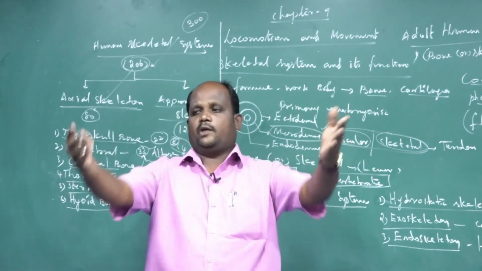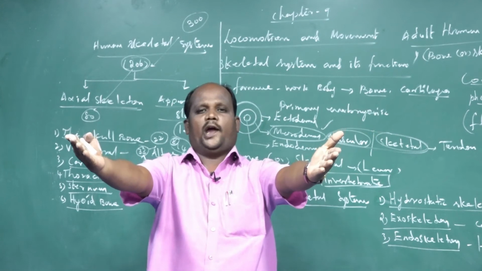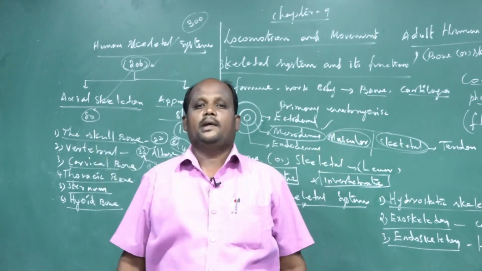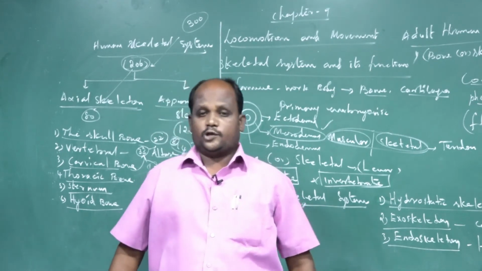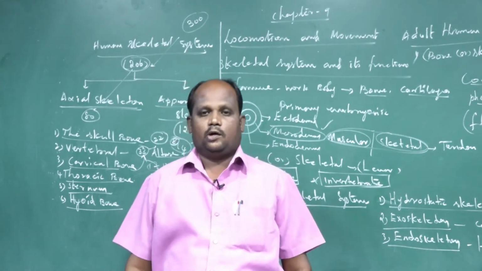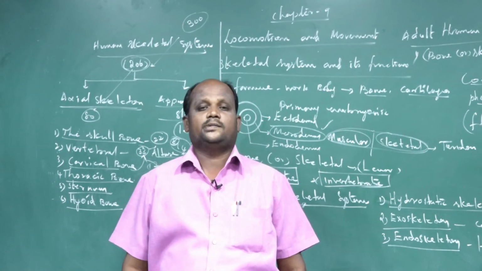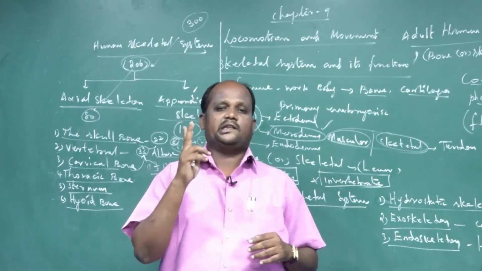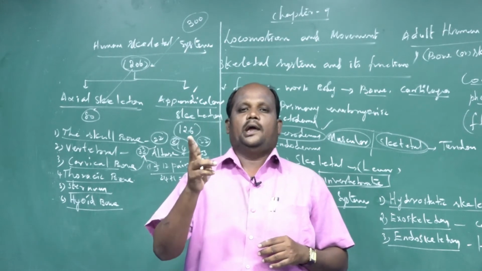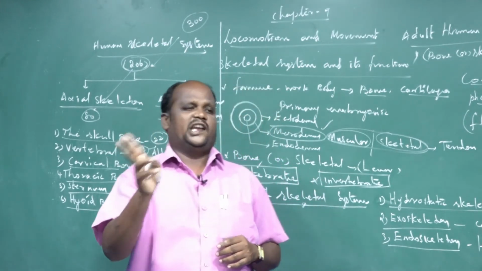Upper limbs means we have a right hand and a left hand. Two hands are called upper limbs. Lower limbs means our lower body, where there are two legs.